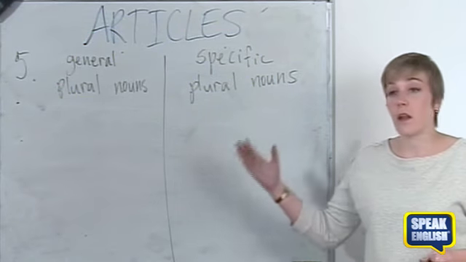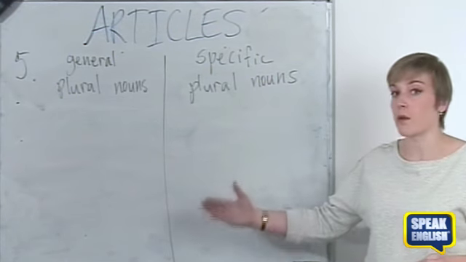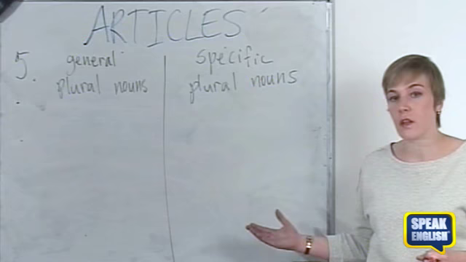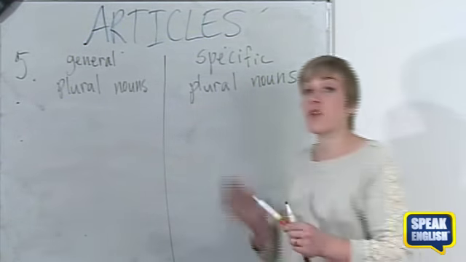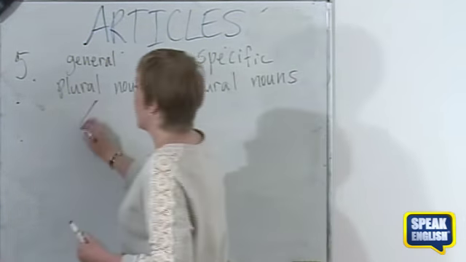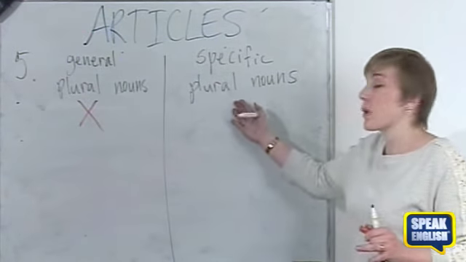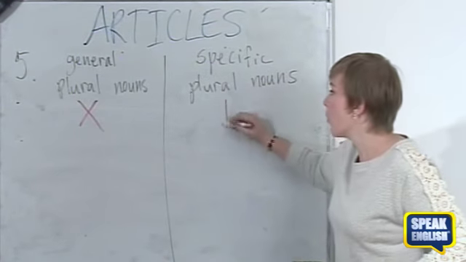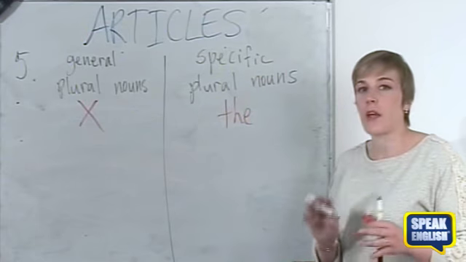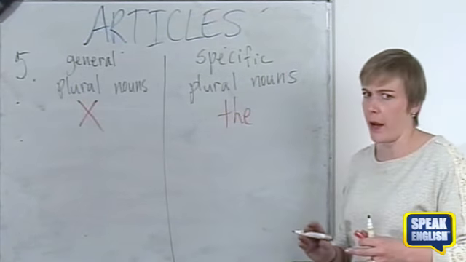So now let's talk about the difference between general plural nouns and specific plural nouns. With general plural nouns, we don't use any article. We use nothing. But with specific plural nouns, we will only use the. We don't use a and an with any plural nouns.